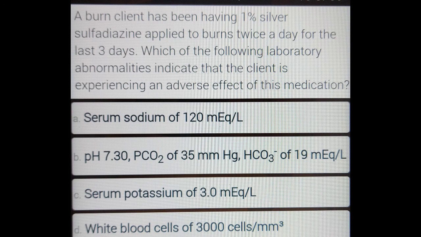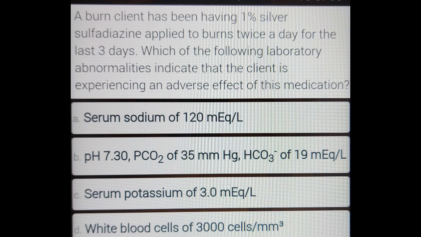First one, serum sodium of 120 milliequivalents per liter. Second, pH 7.30, PCO2 35 mmHg, HCO3 90 milliequivalents per liter. Third option, serum potassium 3 milliequivalents per liter. Fourth one is white blood cell count 3000 cells.